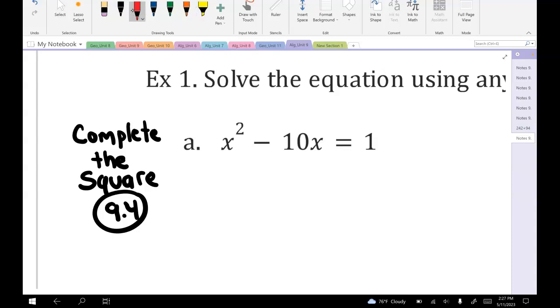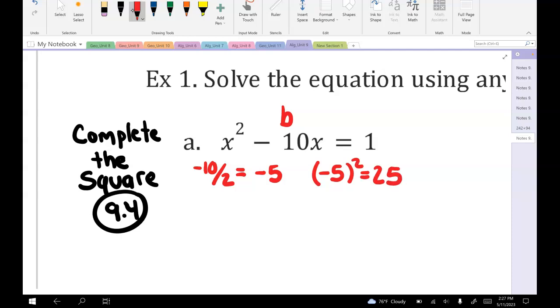We first have to split up our b term, which is negative 10. We have to divide it by 2, then square it. So negative 10 divided by 2 is negative 5. And then we have to square negative 5. Negative 5 squared is 25.